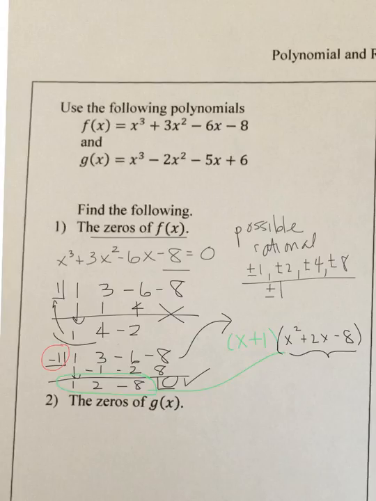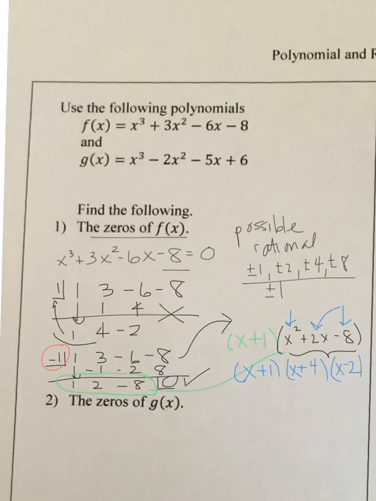So it looks like we're going to have x plus 1 times, all right, x times x will make the x squared. Then we need numbers that will multiply to negative 8 and also add to 2. That would be a 4 times a 2, and we'll keep the 4 positive and the negative 2.